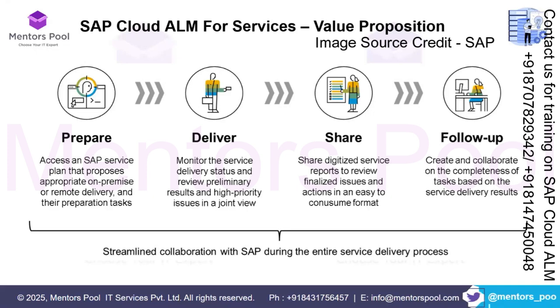Once your system is going to be in hypercare or going to be live, once that hypercare and go-live happens, the partner team is going to raise a CQC check report. In order to raise the CQC check report, the partner team needs a particular platform to do all the process, where they access the particular service plans, like CQC or SAP readiness check report, that proposes SAP on-premises or remote delivery where they can prepare those tasks.